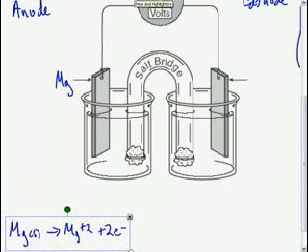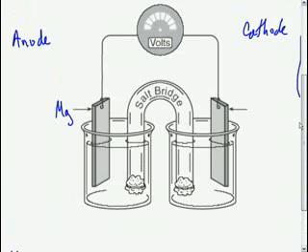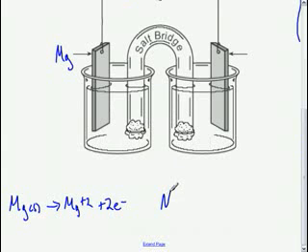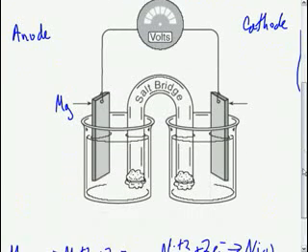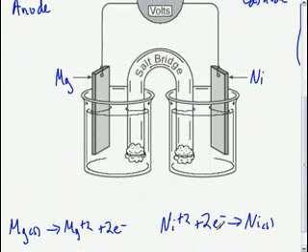And on this side, the cathode side, our reaction is nickel plus 2 electrons goes to nickel solid. For our cathode, a suitable metal then would be nickel. Now, if we look at this, this is actually being plated in nickel.